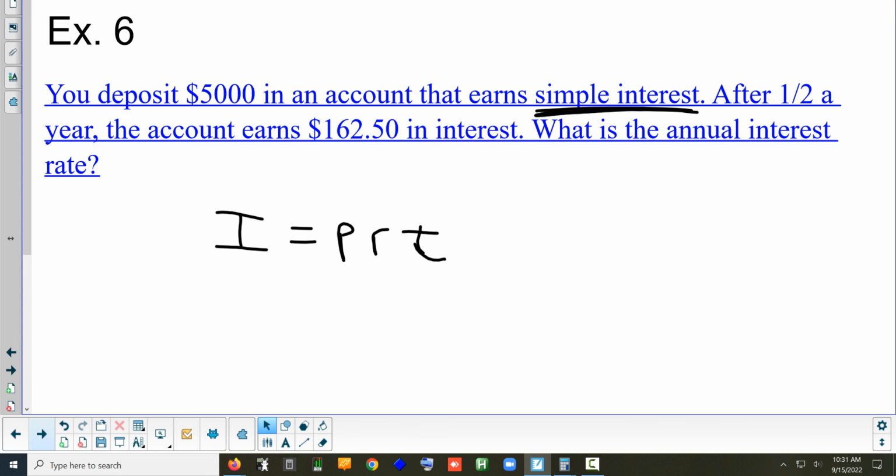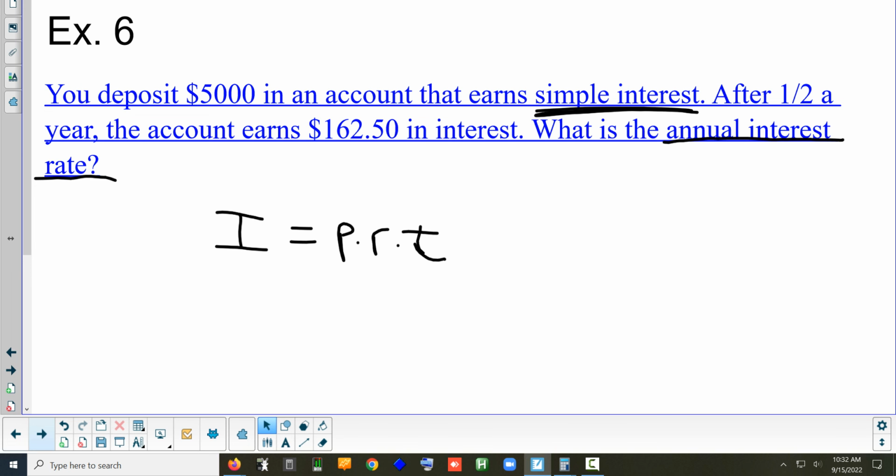And when you say PRT, that means P times R times T. Okay, so they want us to find the interest rate. What letter is the interest rate in I equals PRT? R, yeah. So I is the amount of interest you make. R is the rate. So what they want us to do is get the R by itself.